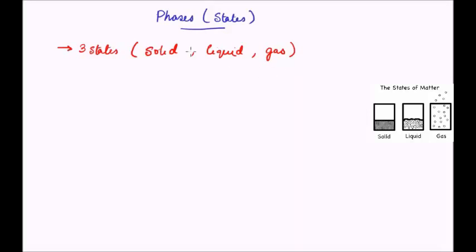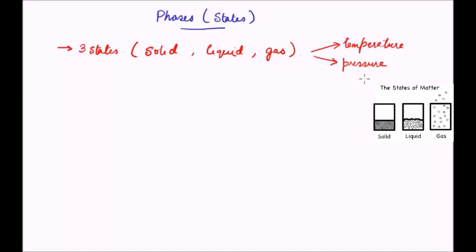So the state is a function of the temperature of the material and the pressure under which the material is kept. What we see is that under normal circumstances, the three phases are solid, liquid and gas.